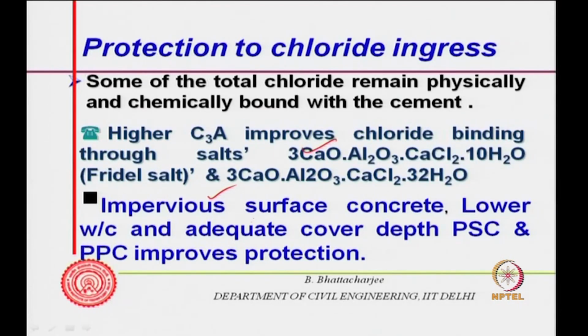Higher C3A improves chloride binding, but may not do well for sulphate, while slag cement is better for both sulphate as well as chloride. So, higher C3A improves chloride resistance, and so do impervious surface concrete, lower water cement ratio, adequate cover depth, PPC, etc.